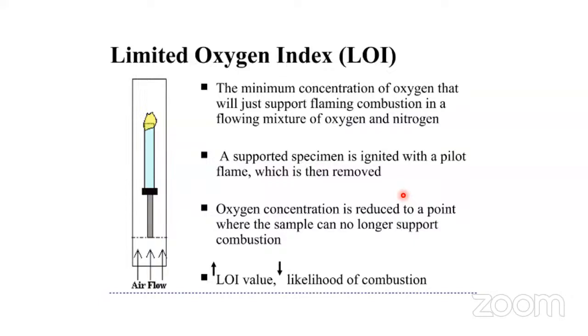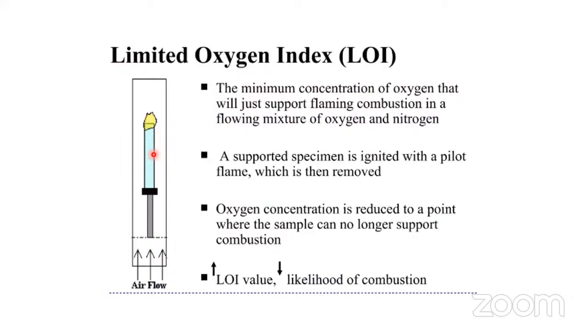A supported specimen is ignited with a pilot flame, which is then removed. If you see here, there is a chamber, and in that chamber only the mixture of oxygen and nitrogen gas is there. We adjust the percent of oxygen accordingly.